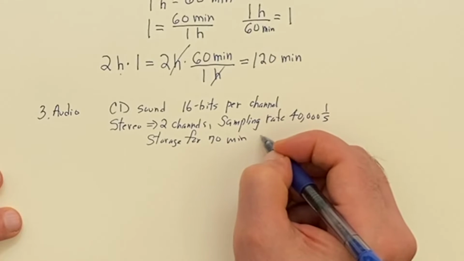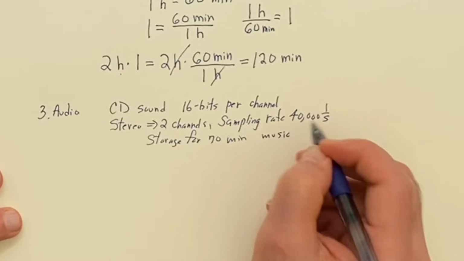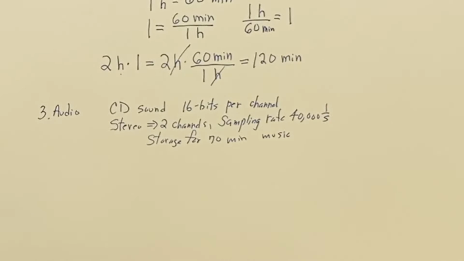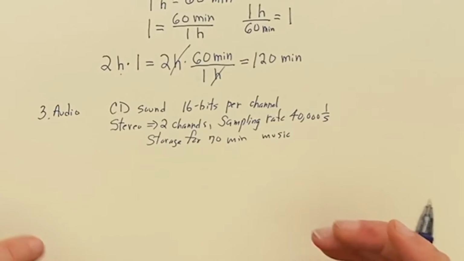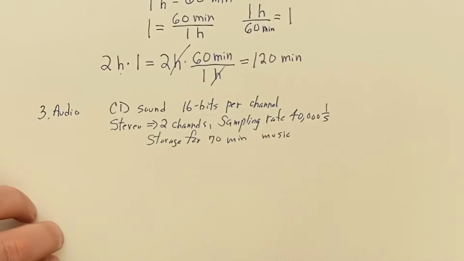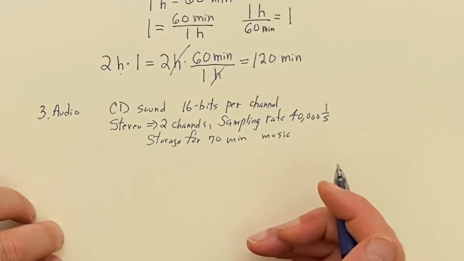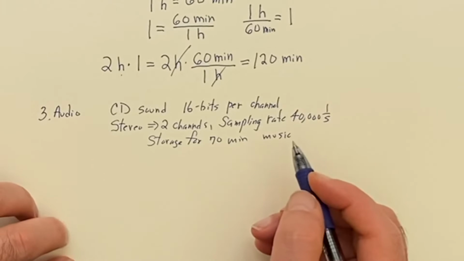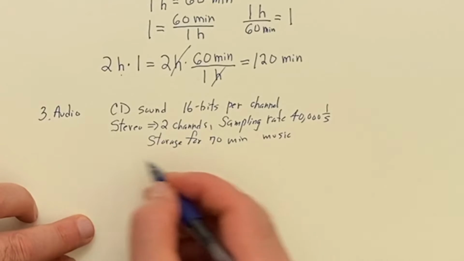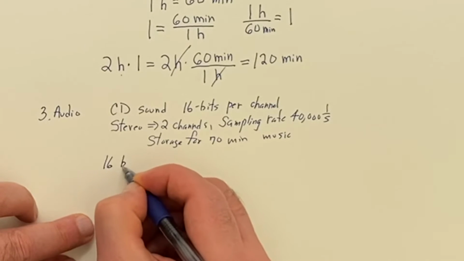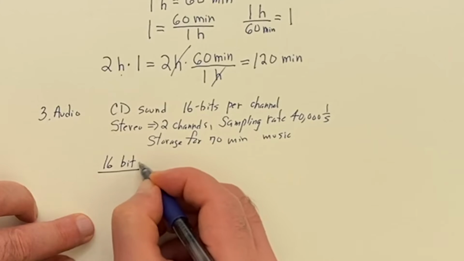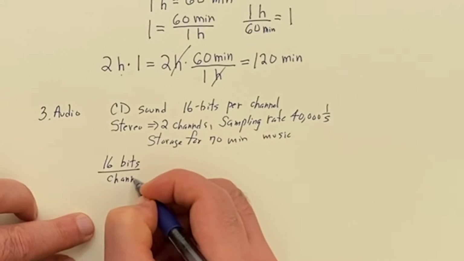Now, I intentionally picked things that we're not familiar with, sampling rate, storage, because with the power of units and dimensions, we can solve any problem, in any field, by being guided by the dimensions. So for example, you have 16 bits per channel.